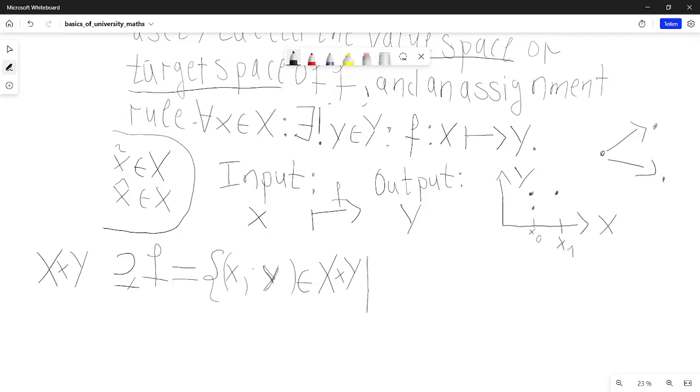Okay, this is such xy element of this, that... I have to refer somehow to the whole multitude of those pairs.